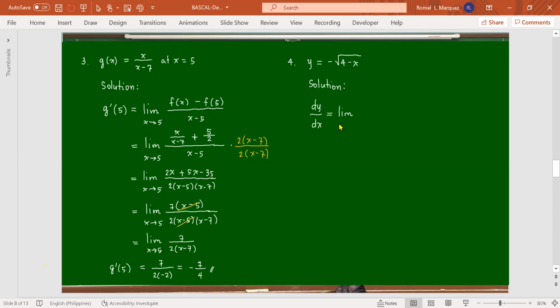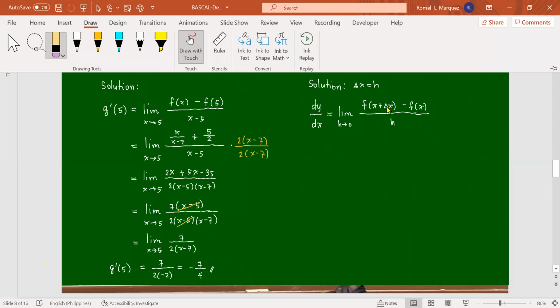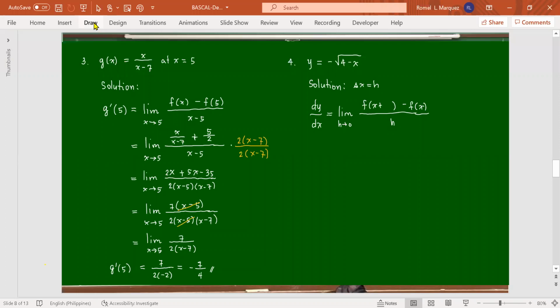Limit as h approaches 0. Again, we denote delta x to be h. F of x plus delta x minus f of x all over h. But my delta x is h. It's hard to move on, no? If you're used to it, it's really hard to move on.